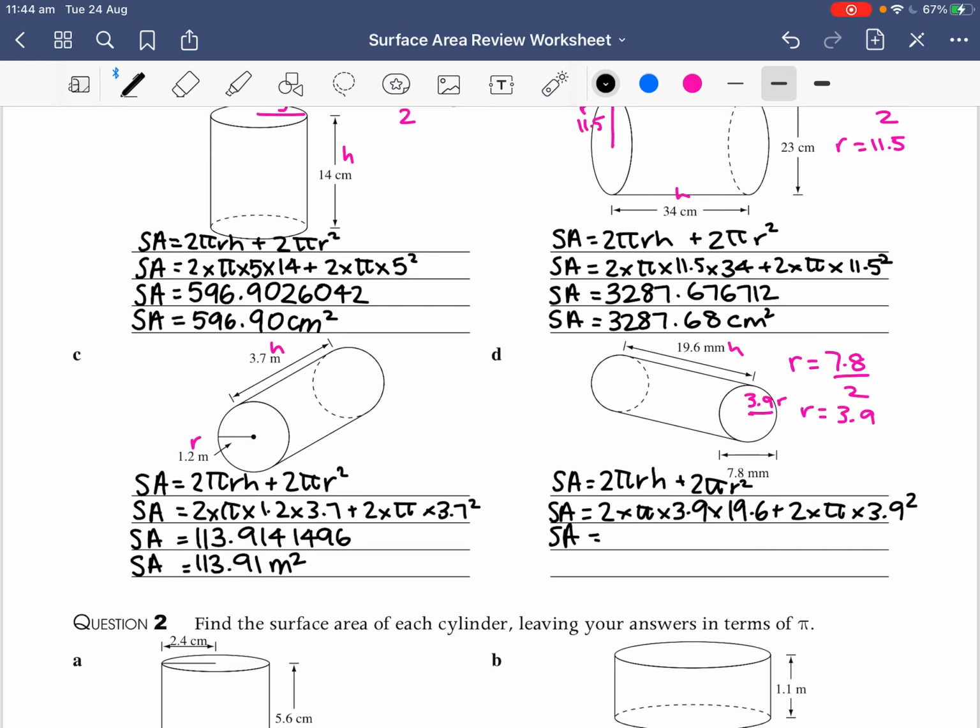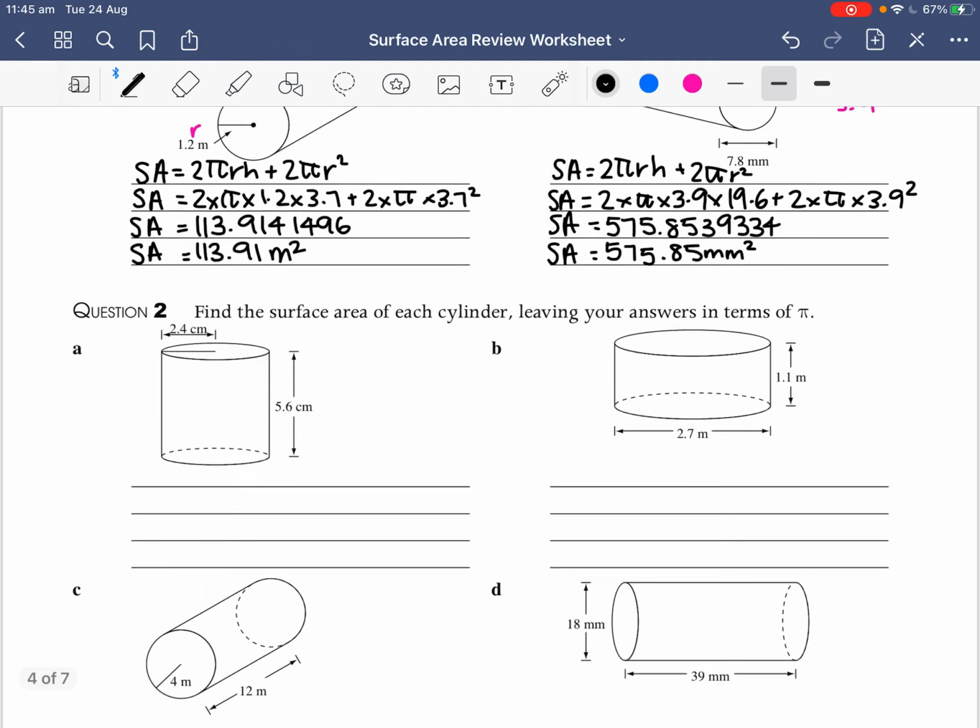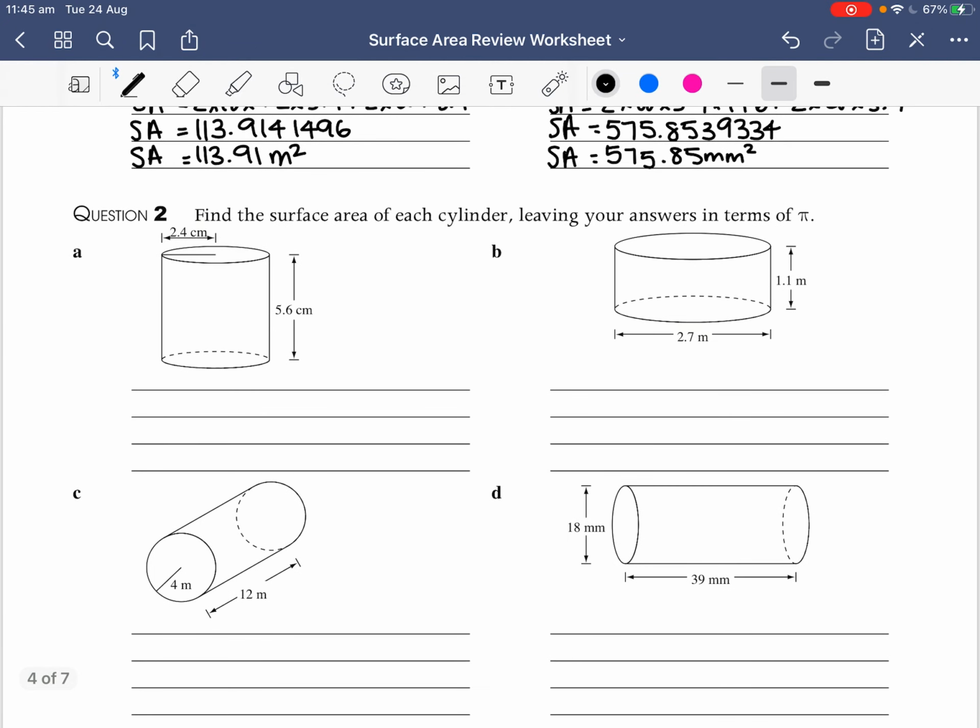We get 853.9334. So our surface area equals 575.85 millimeters squared.